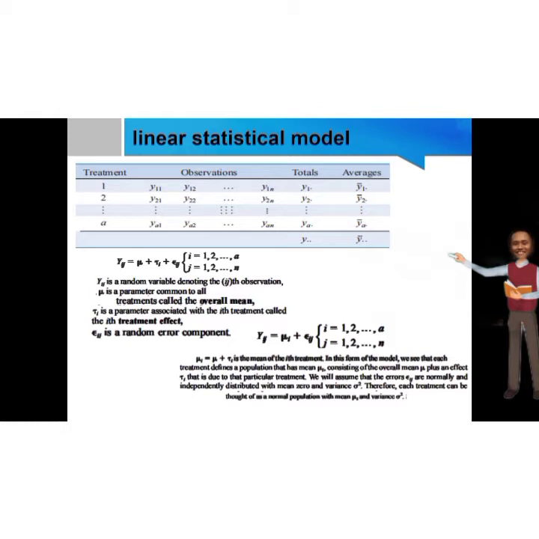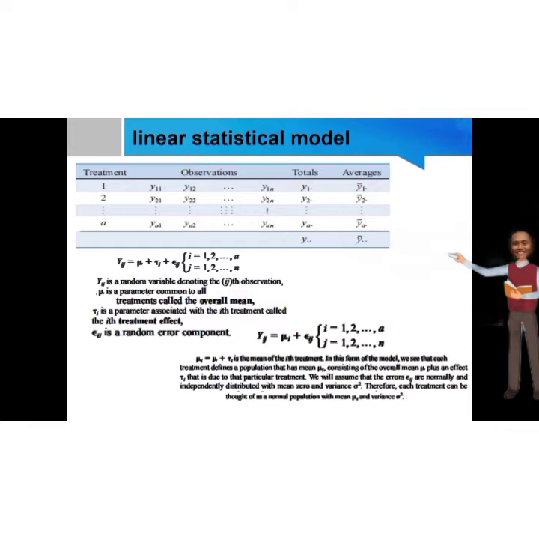The model is y_ij equals mu plus tau_i plus epsilon_ij. Y_ij is a random variable denoting the ij-th observation. Mu is a parameter common to all treatments called the overall mean. While tau_i is a parameter associated with the ith treatment called the treatment effect. And lastly, epsilon_ij is the random error component.